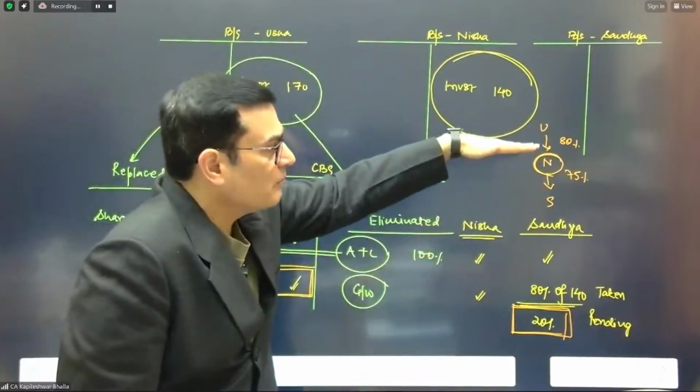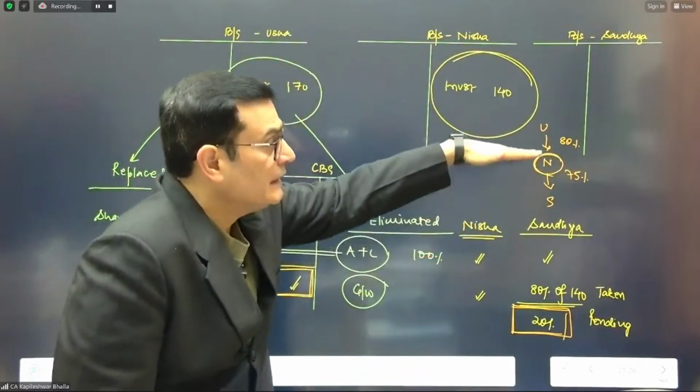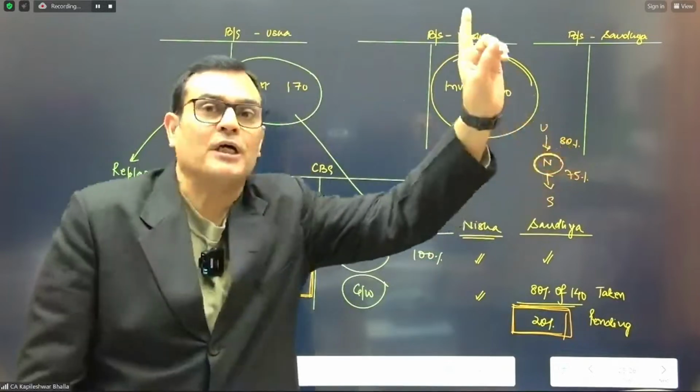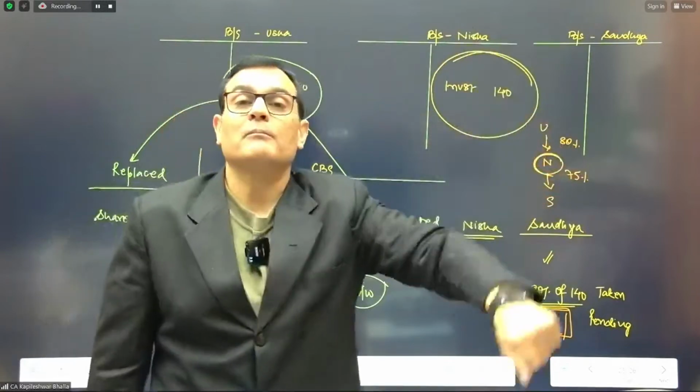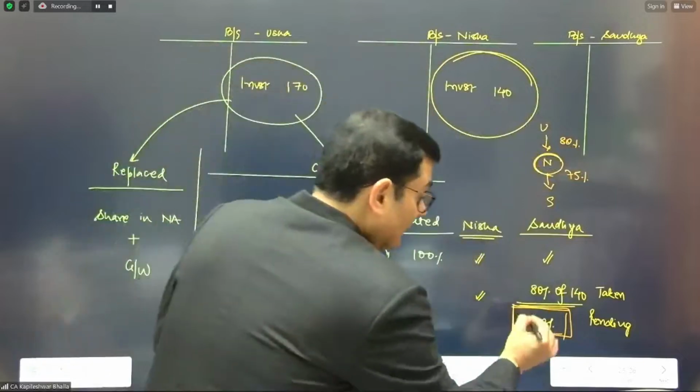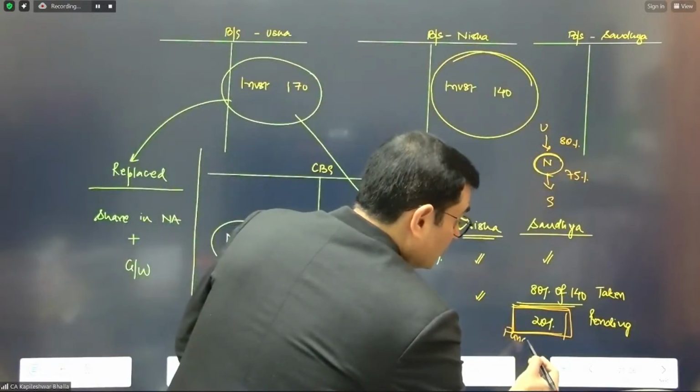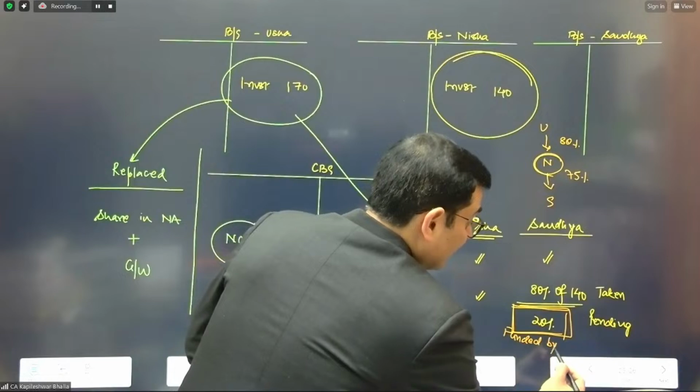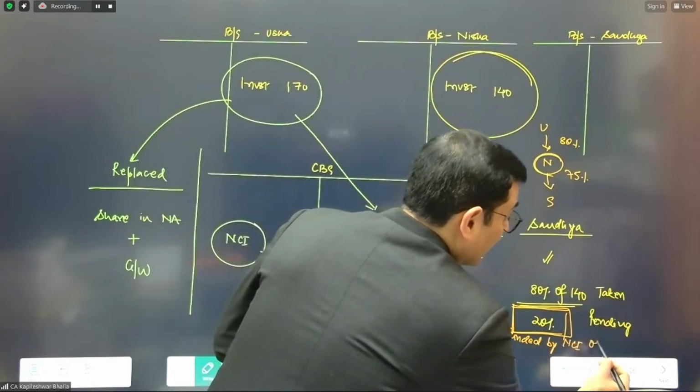Which means whatever money Nisha invested in the company, 80% is funded by Usha and 20% is funded by the NCI of Nisha. So this 20% is funded by the NCI of Nisha.